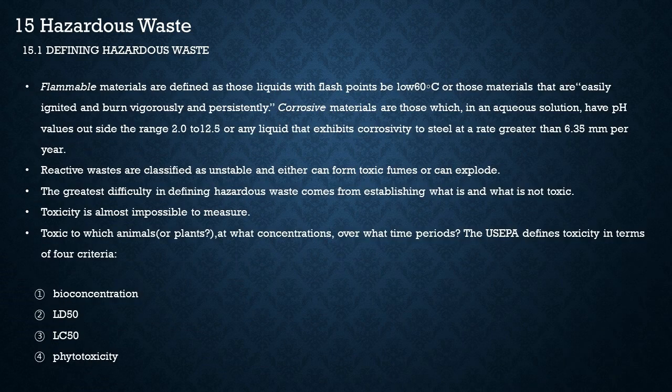Flammable materials are defined as those liquids with flash points below a set threshold, or those materials that are easily ignited and burned vigorously and persistently. Corrosive materials are those which, in an aqueous solution, have pH values outside the range 2.0 to 12.5, or any liquid that exhibits corrosivity to steel at a rate greater than 6.35 mm per year. Reactive wastes are classified as unstable and either can form toxic fumes or can explode.